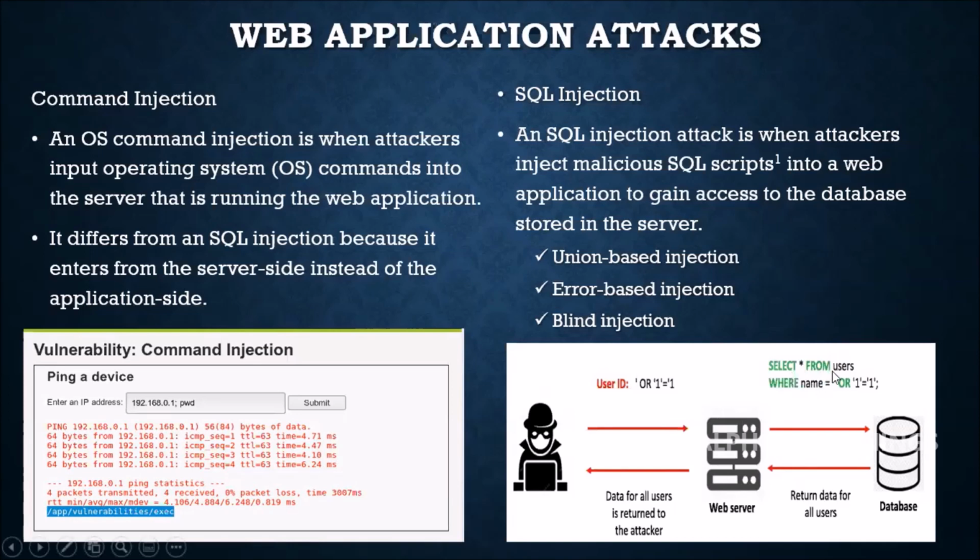If you see, select star from users where name equals to. Select is an SQL keyword. Star means any. From is a keyword. Users is a table in the database. Where is a keyword. Name is a column under the users table.